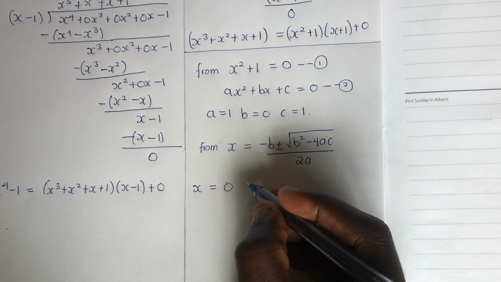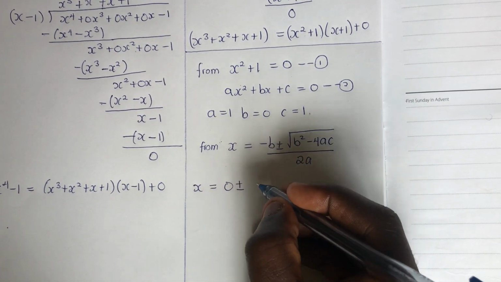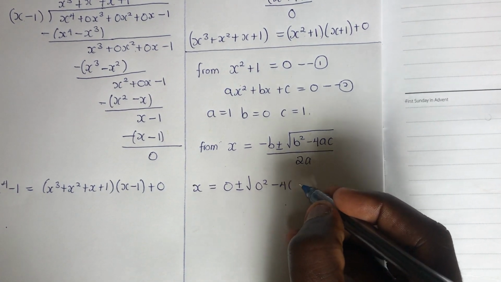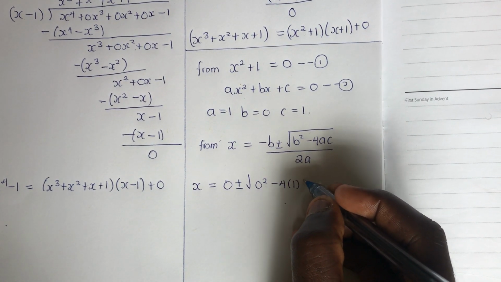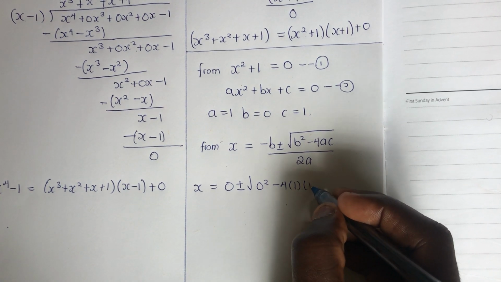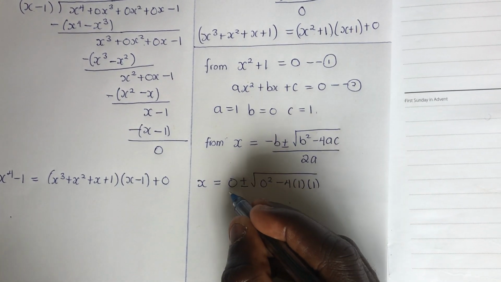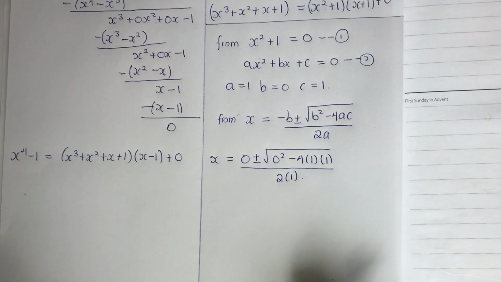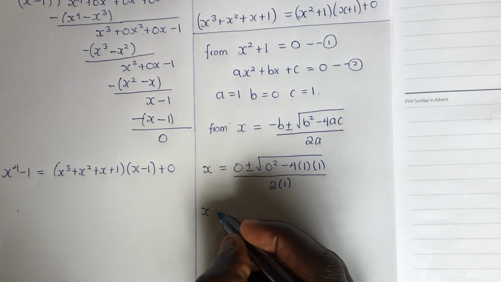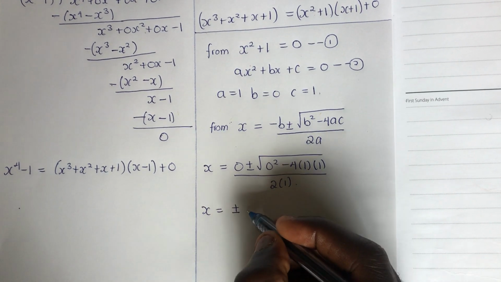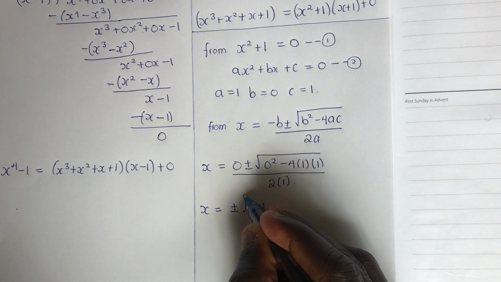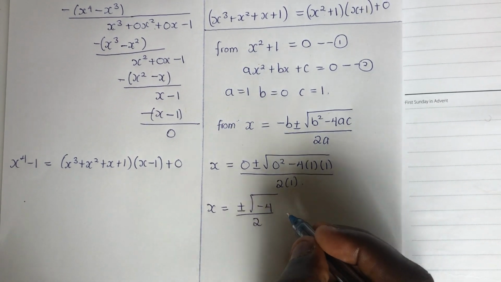So we have 0 minus 0 plus or minus root of 0 squared minus 4. A is already 1. And c is 1. So we divide this one by 2 into 1. So now we are left with x is equal to plus or minus root of this will give us negative 4, all divided by 2.